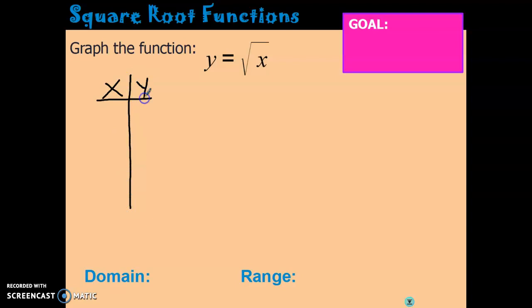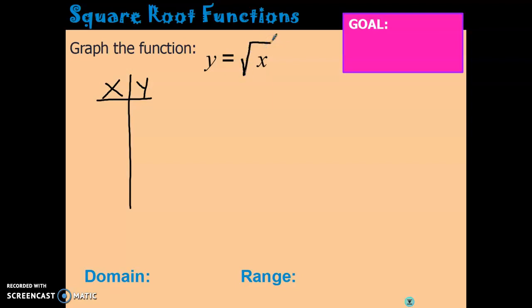So for example, with quadratic functions, we were really thoughtful and we always put the vertex in the middle of our table. But really we said the domain was negative infinity to infinity. So really we could have put any x's that we want. We don't have that luxury here. Because notice, I'm square rooting an x.